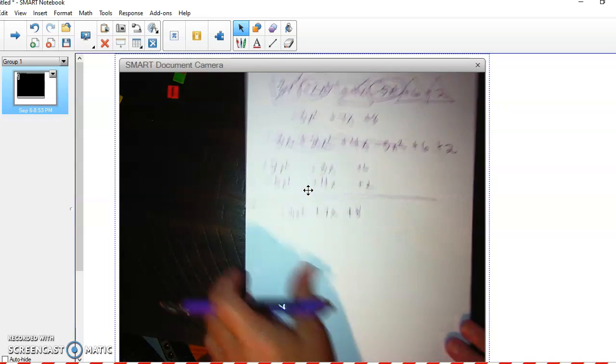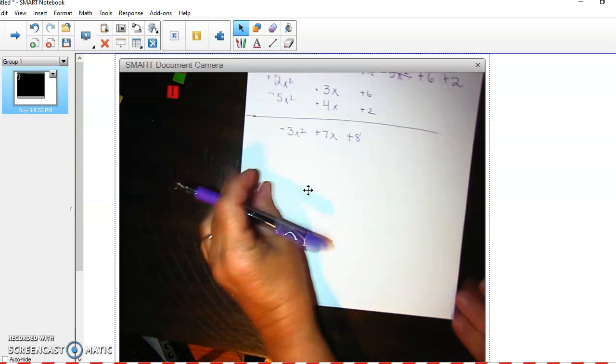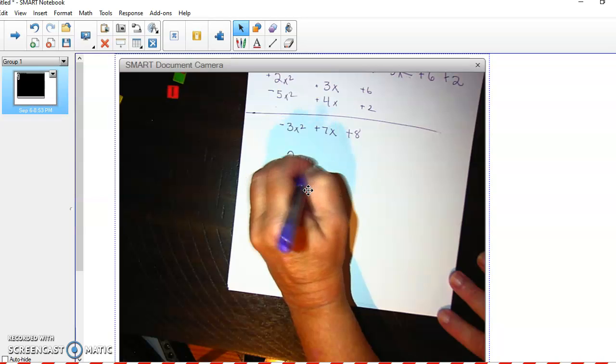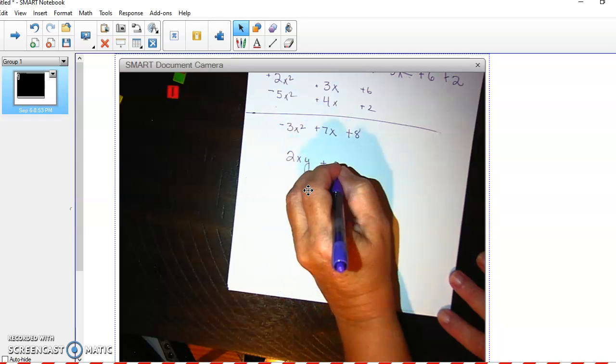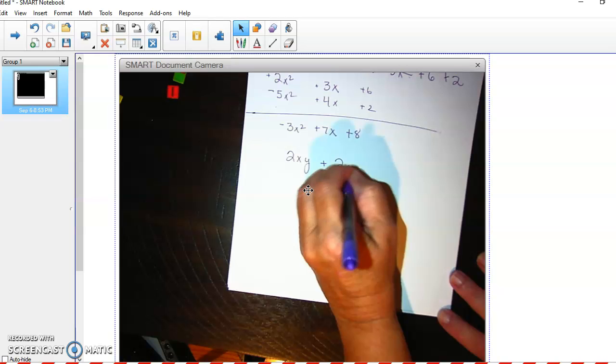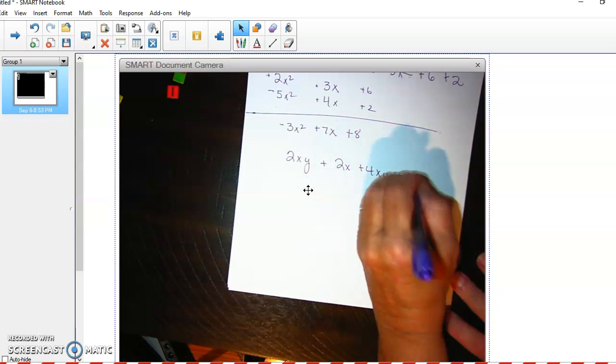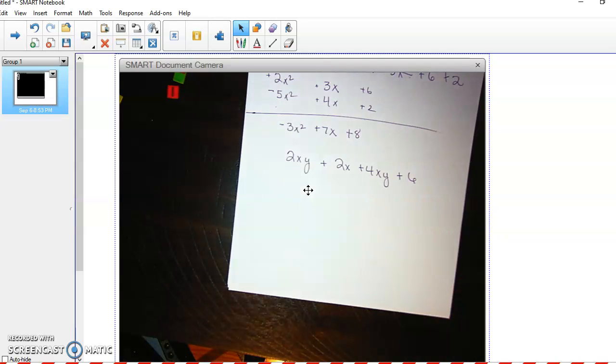Okay, let's switch it up and make it a little harder. 2xy plus 2x plus 4xy plus 6. Remember, you can only add the ones together that have the same variable to the same power.